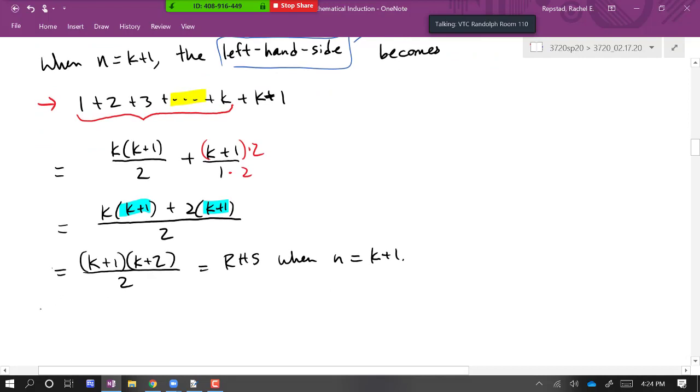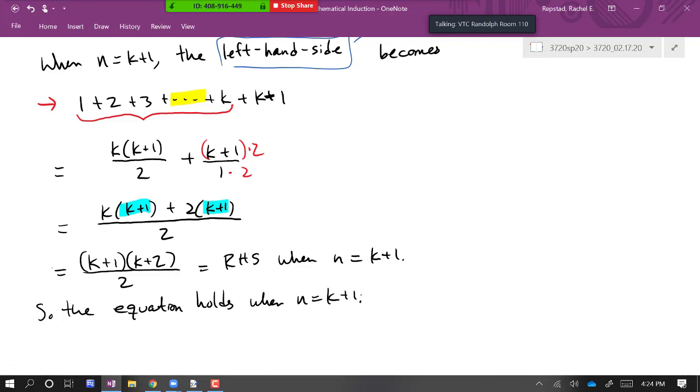So the equation holds when n is equal to k plus 1. And now we're just going to tie things up. We've finished the induction step. Now we need to tie things together and write a conclusion.